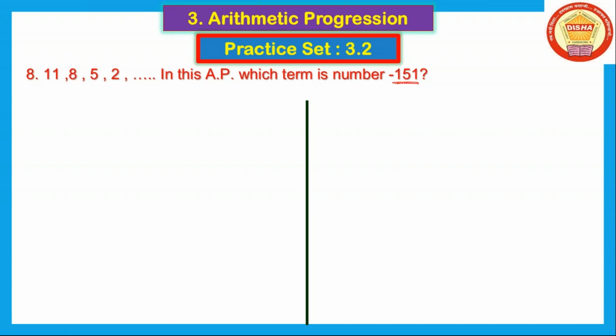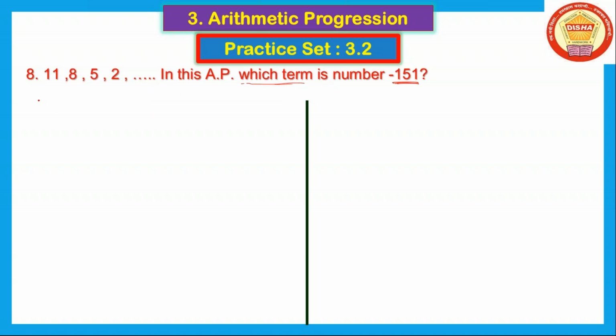Means the AP is given here, and in this AP one term is negative 151. म्हणजे ह्या दिलेल्या AP मध्ये ही negative 151 ही एक टर्म आहे. Then which term, म्हणजे ती कोणत्या नंबरला आहे? Means indirectly here we have to find at which place that negative 151 is present. Negative 151 हा कोणत्या नंबरला प्रेझेंट आहे तो नंबर म्हणजे n ची व्हॅल्यू आपल्याला इथं काढायची आहे.